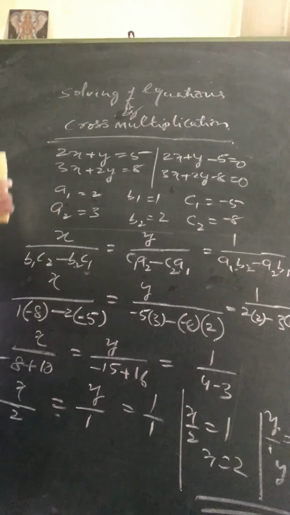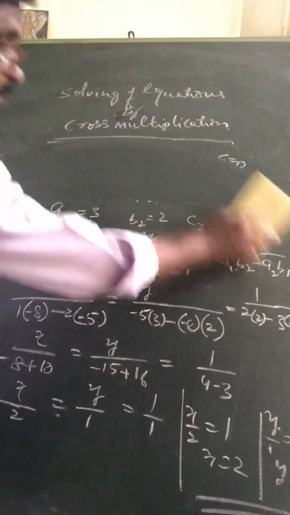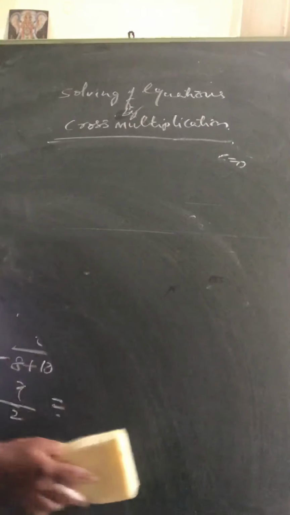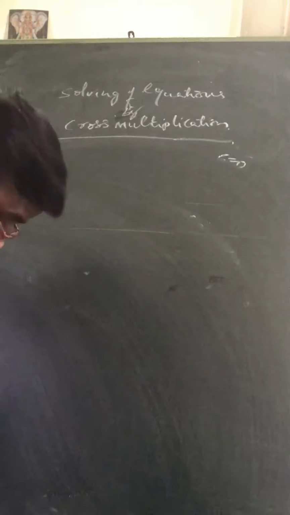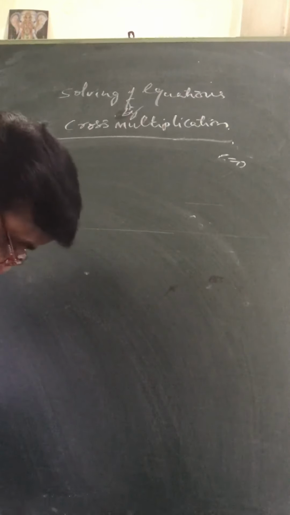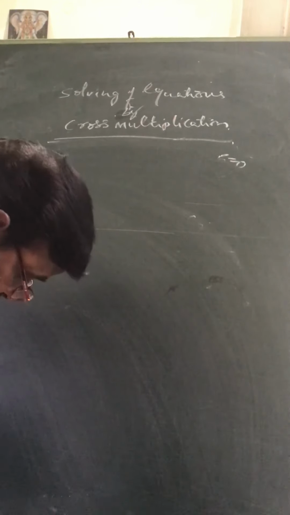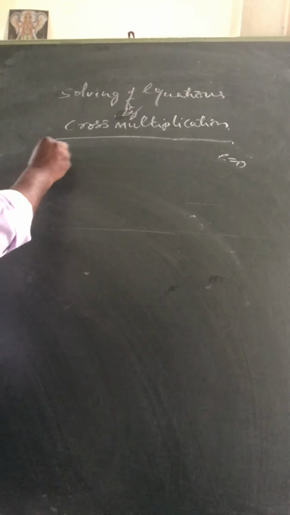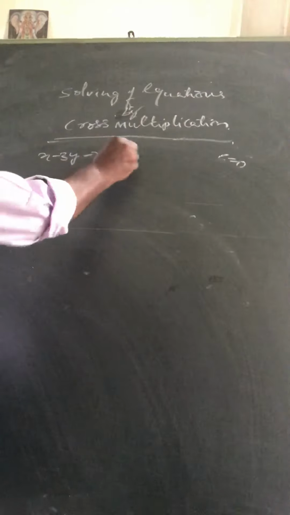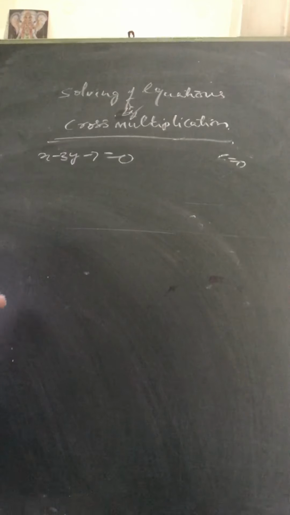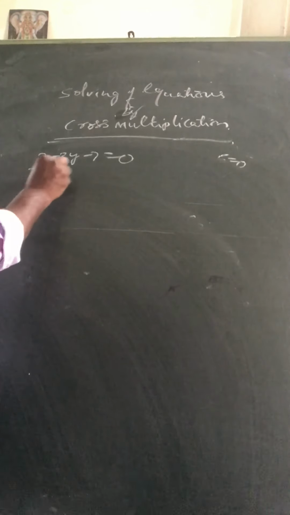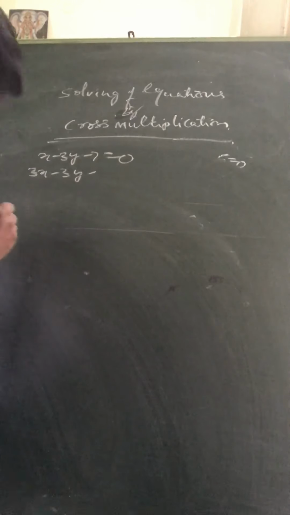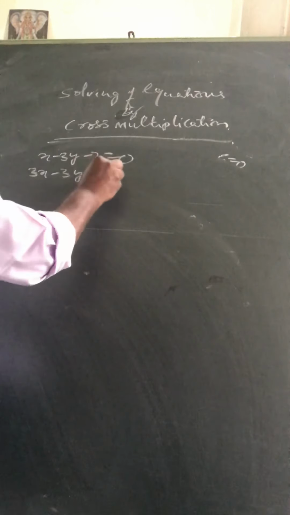Now we can take one more problem from our exercises. x minus 3y minus 7 is equal to 0, 3x minus 3y minus 15 is equal to 0.